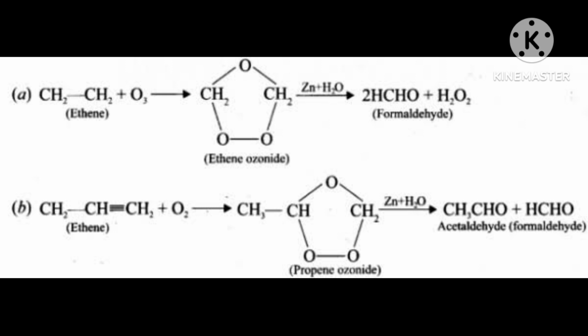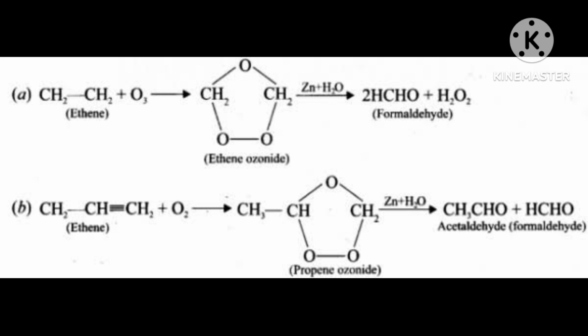Total hydrogen was 3 plus 1, 4 plus 2, 6. Here also it is 6 in CH3CHO. C is 2. Total carbon is also balanced. Hydrogen is also balanced. Oxygen is not balanced. One oxygen is less.